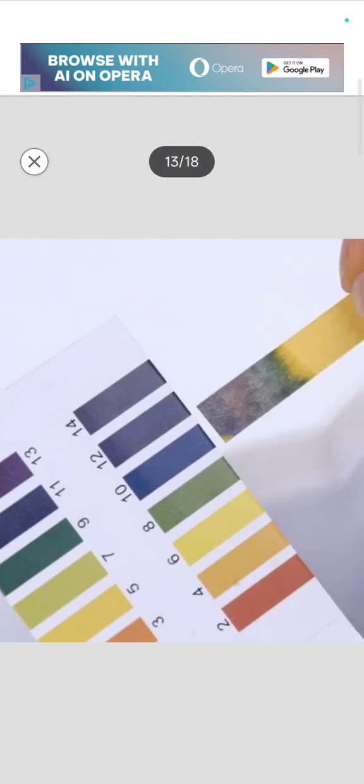See, this is another student who takes a pH paper, puts it inside a solution, then the color changes to blue, then he matches the color with the pH paper, then he identifies the color and the pH.